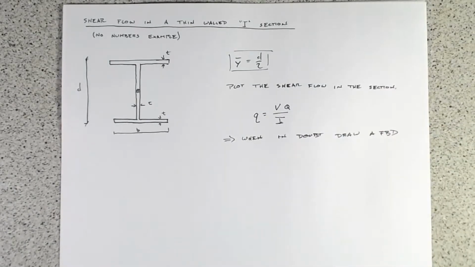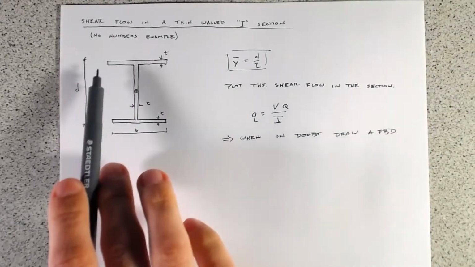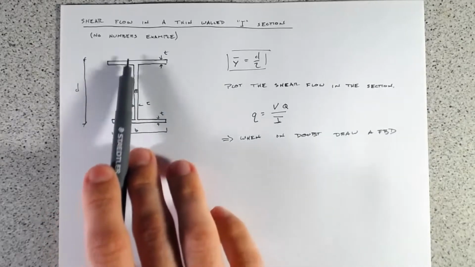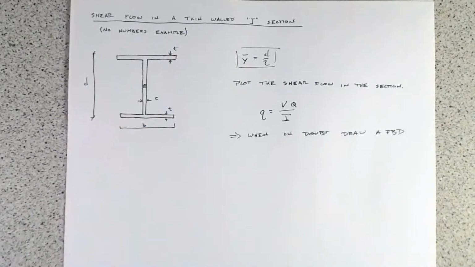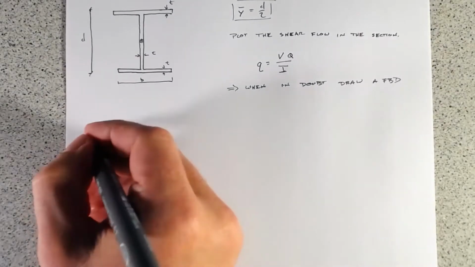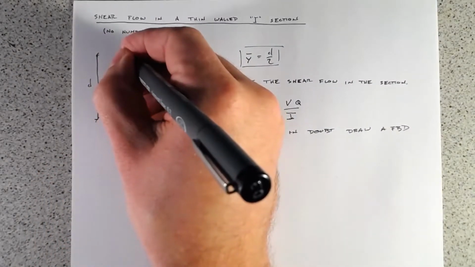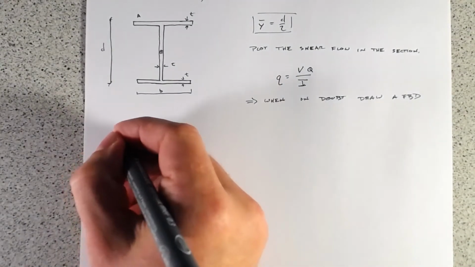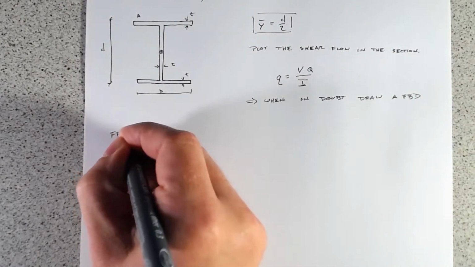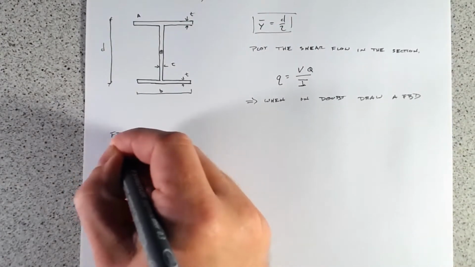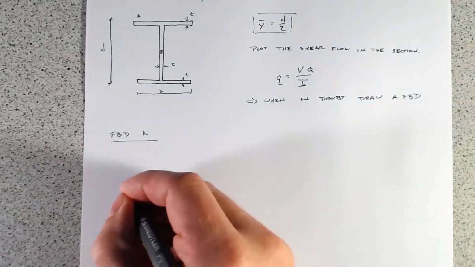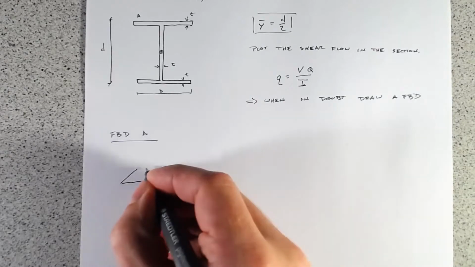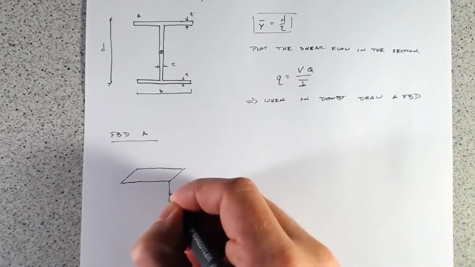If we want to determine what our shear flow is as we move along the flange, let's just draw a free body diagram of the flange. We'll call that point A. So our free body diagram at A, and remember this is just our flange here.